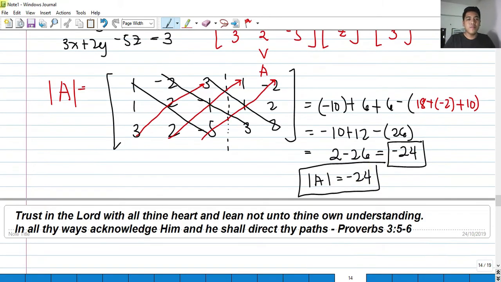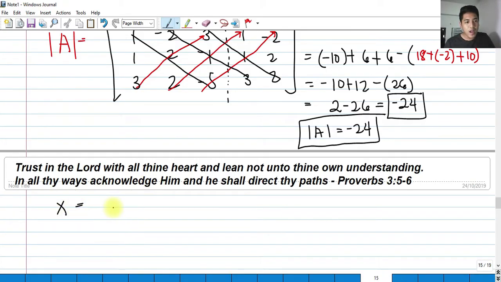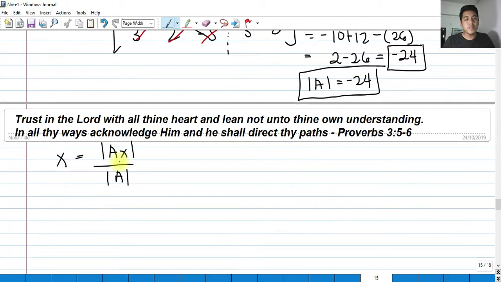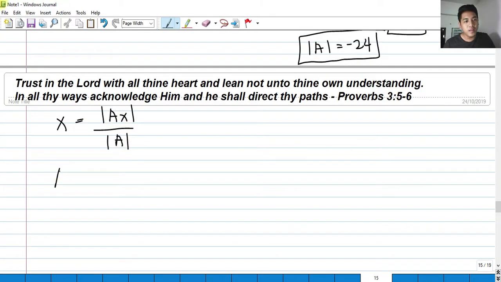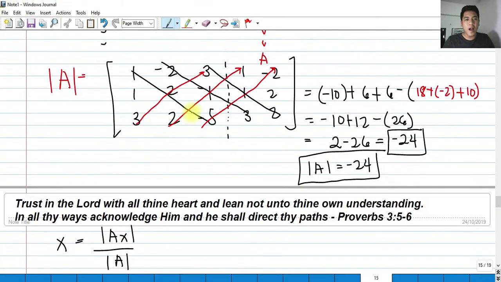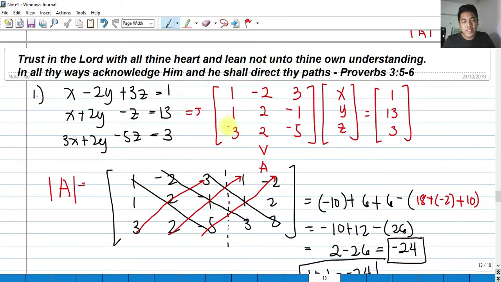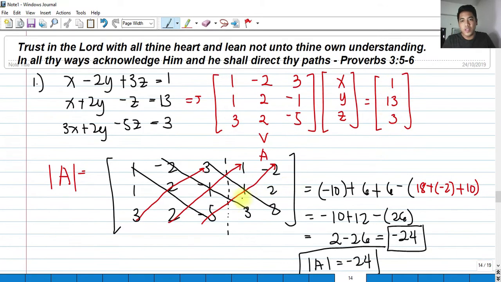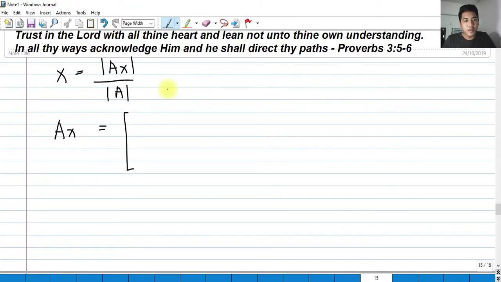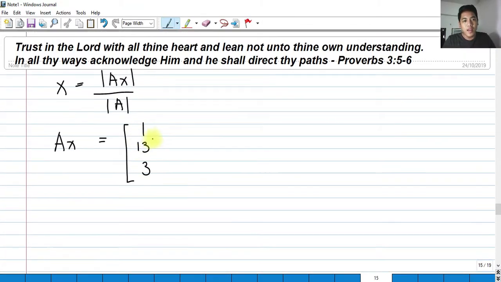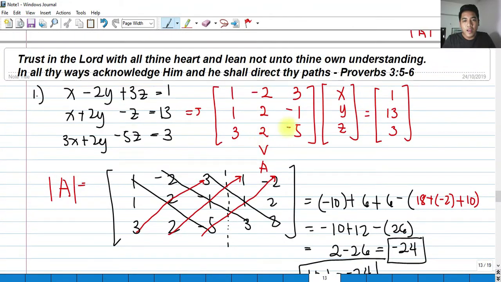So in order for us to get the value of x, we have the determinant of A sub x over the determinant of A. This A sub x is a matrix where we replace all the coefficients of x with our constants. So we have 1, 13, and 3, and copy the remaining elements in the matrix.